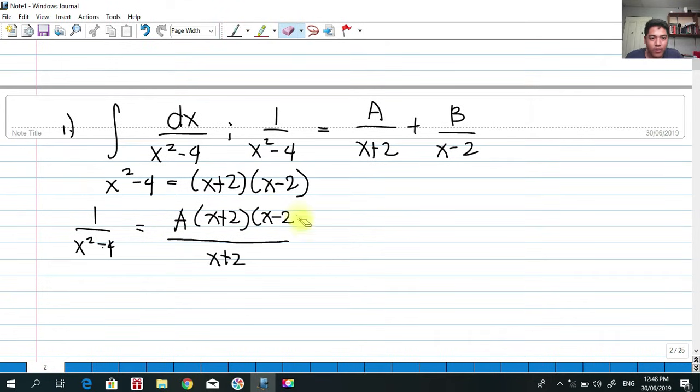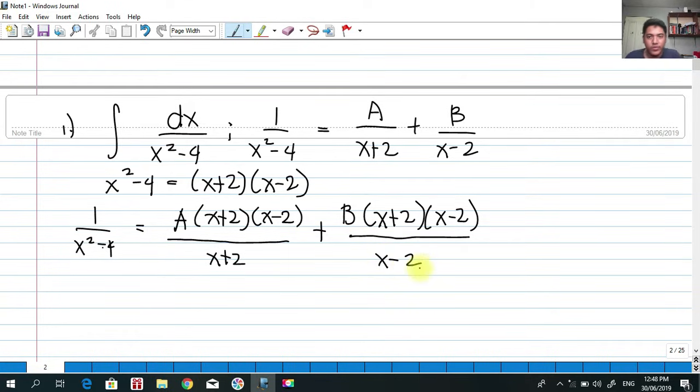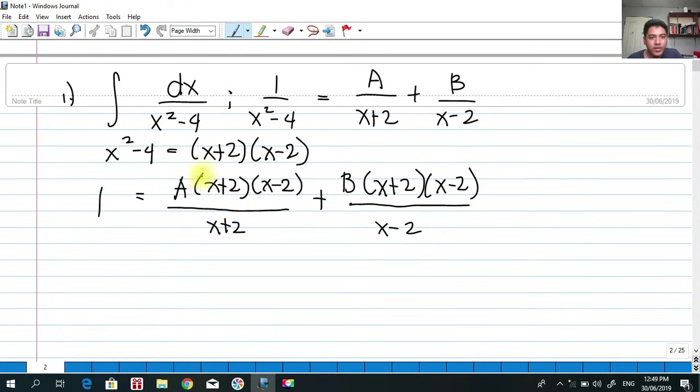So that would be our equation, plus b times x plus 2 times x minus 2 over x minus 2. So we have already cross multiplied x squared minus 4, so the only term left here is already 1. Okay, so as you can see, we can cancel out this and this, of course this and this.